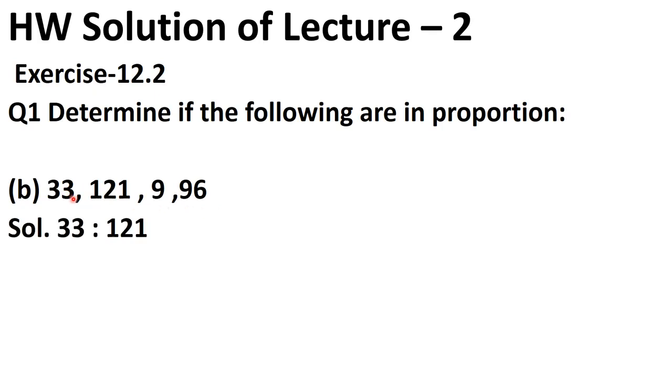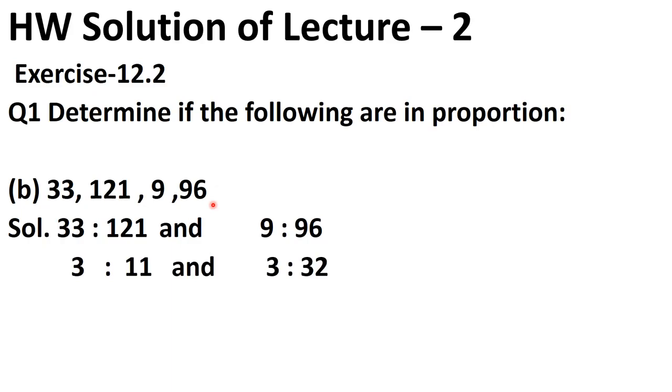First of all we will take the first 2 terms, that is the ratio of 33 and 121, and the ratio of 9 is to 96. Write in simplest form. It is 3 is to 11 because 11 3s are 33 and 11 11s are 121. Here we have divided both the terms by 11 and here we divide both the terms by 3. 3 3s are 9 and 3 32s are 96.